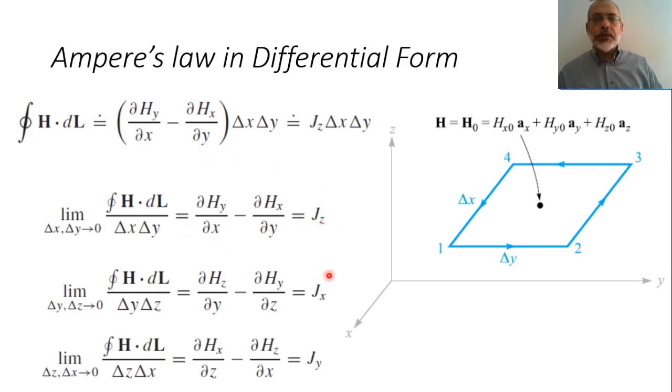Following similar steps, we can prove that the derivative of Hz with respect to y minus the derivative of Hy with respect to z would equal Jx, and the derivative of Hx with respect to z minus the derivative of Hz with respect to x would equal Jy.